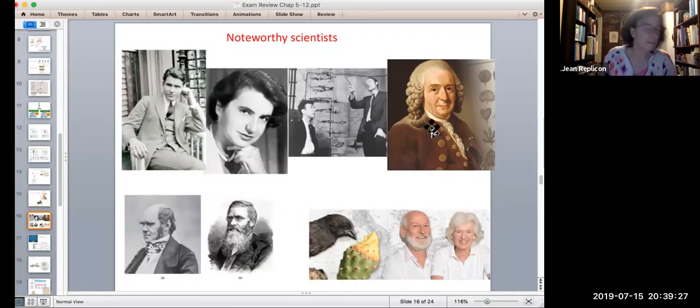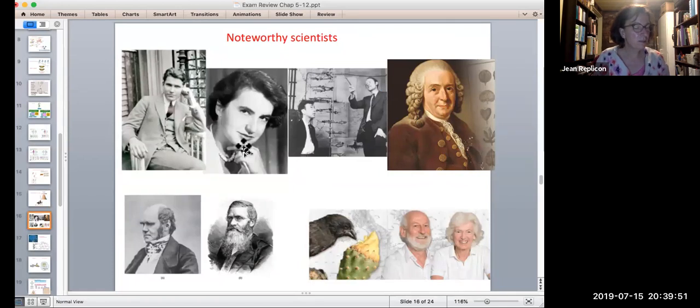All kinds of scientists we've talked about in these set of chapters. I'm going to talk about Erwin Chargaff. He's the one that figured out that the amount of adenine and thymine are equal and the amount of cytosine and guanine are equal. And he studied many different species, which was important for us in understanding the structure of DNA.